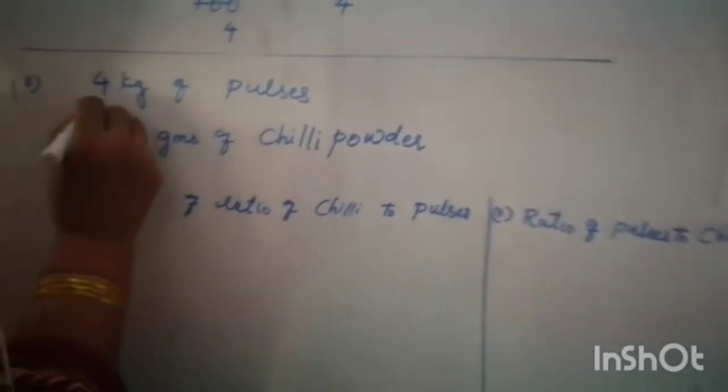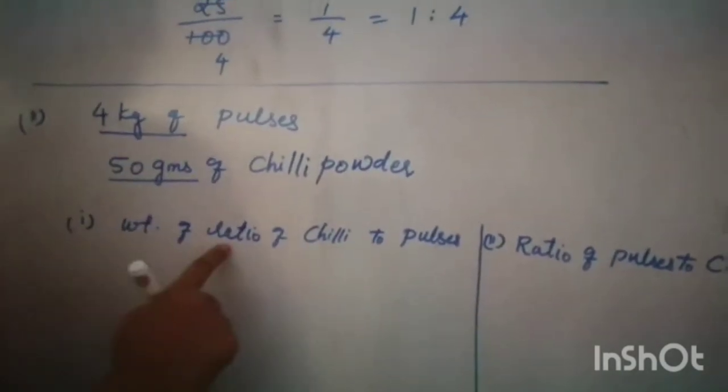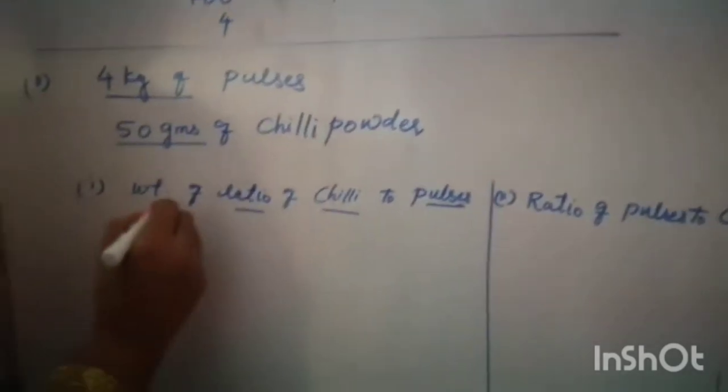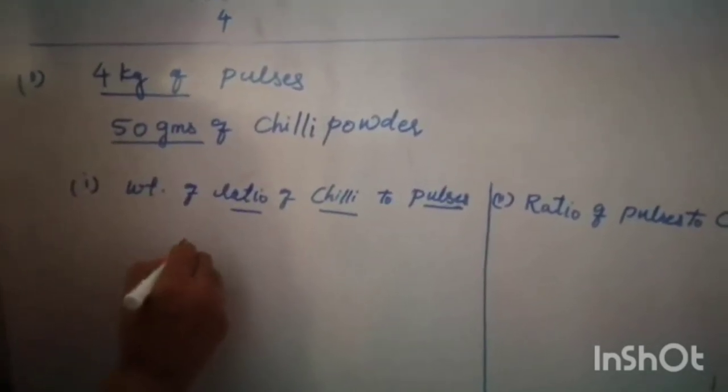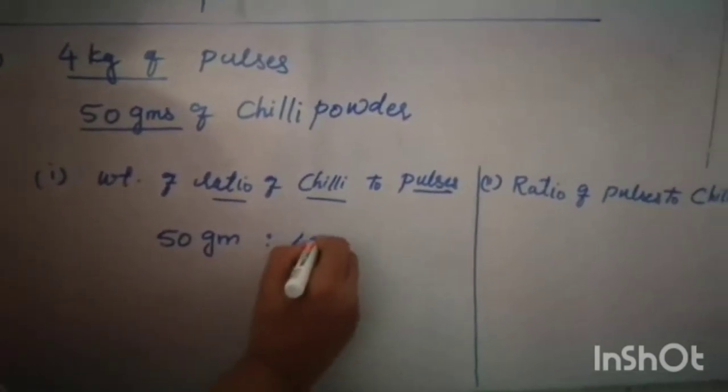So what is the quantity of pulses, children? 4 kgs and quantity of chili powder 50 grams. But the first one is asking you ratio of chili powder to pulses. So how much chili powder is there? 50 grams ratio 4 kgs.